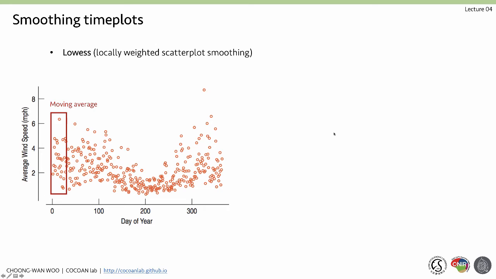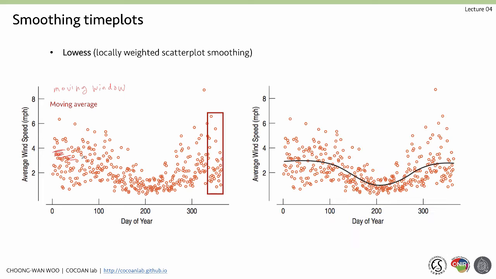We can do smoothing using the moving average, so a moving window. We call it the moving window method. So we make a window and then get the average value, and then move a little bit and get the average value, and move a little bit and get the average value, and so on.